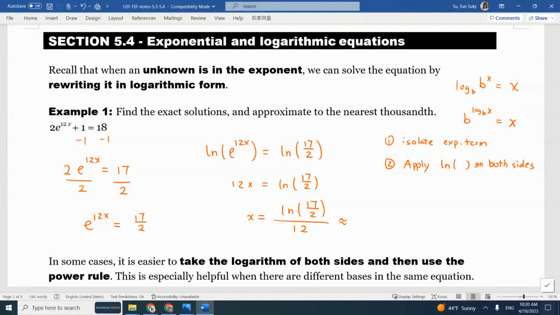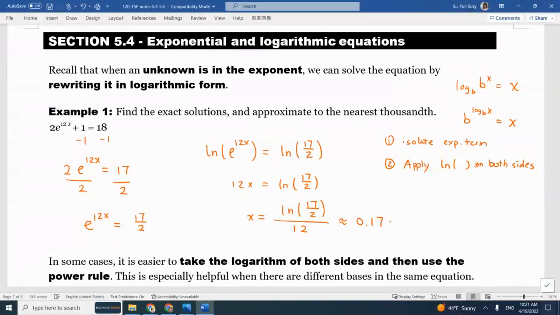Everybody use your calculator. Divide by 2 also works. It's the same. I think divide by 2 is better. And if you have parentheses here, you want to close the parentheses and divide by 12. Do you get 0.178? Yes.